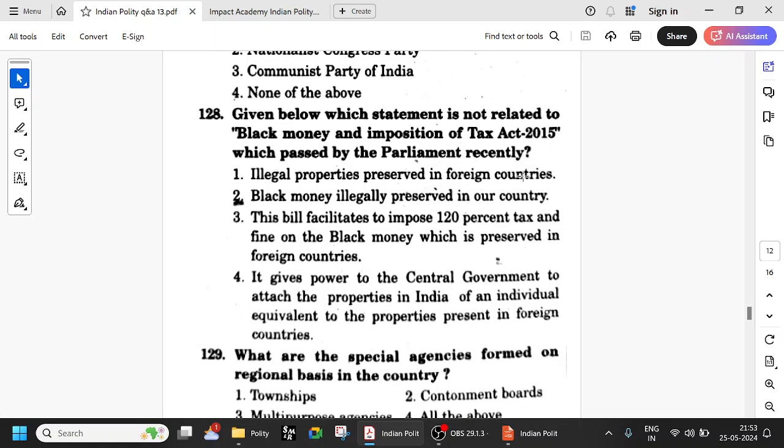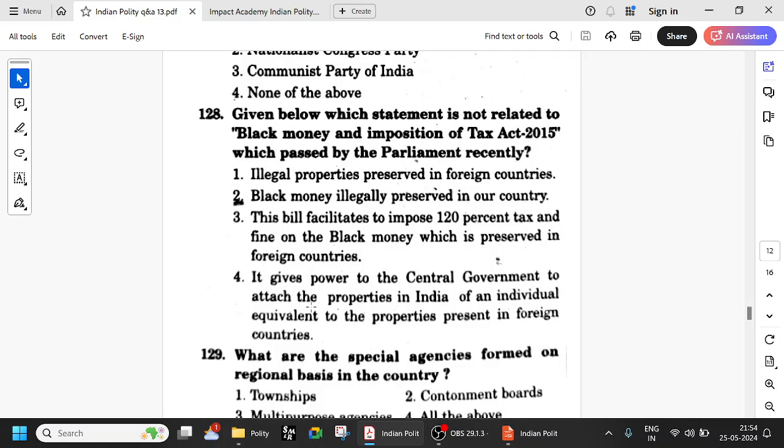Given below, which statement is not related to the Black Money and Imposition of Tax Act 2015, which was passed by the Parliament recently? So black money illegally preserved in our country. Illegal properties, which of the below statements is not related to this? All the others are related to this Act: illegal properties preserved in foreign countries. This bill facilitates imposing 120% tax and fine on black money, especially in foreign countries.